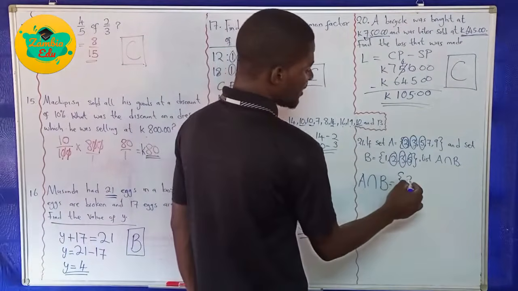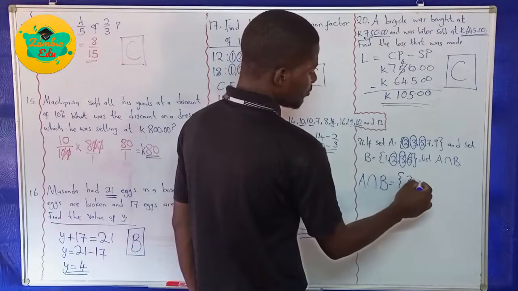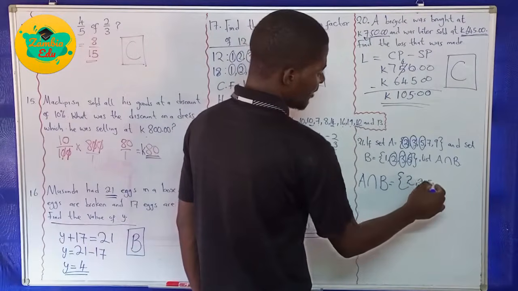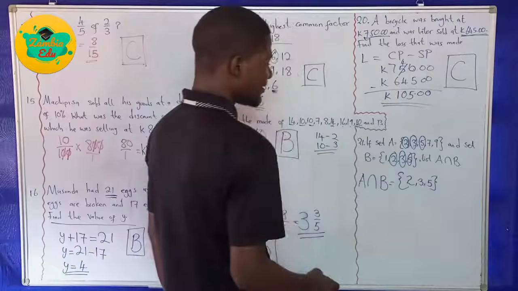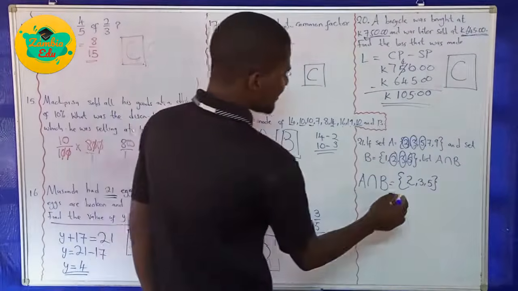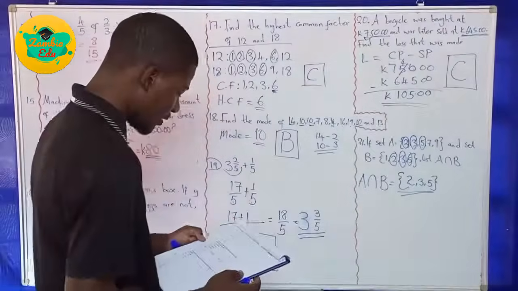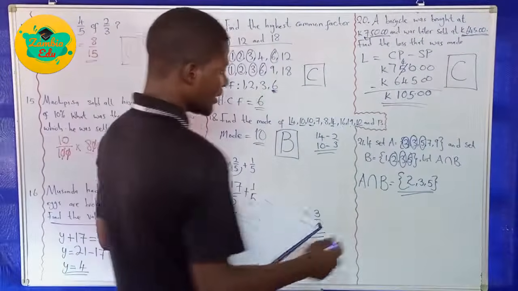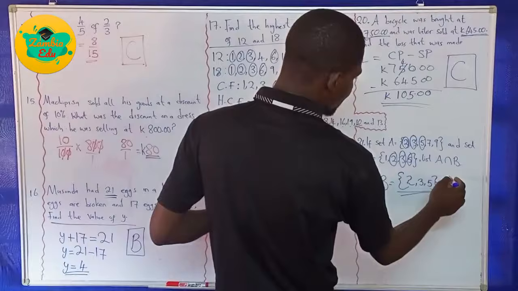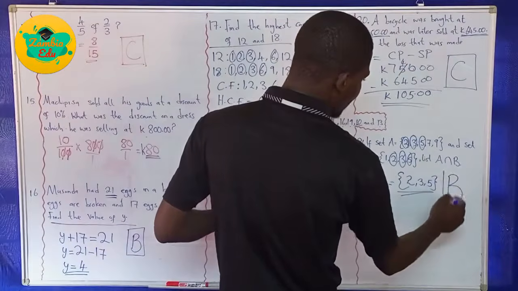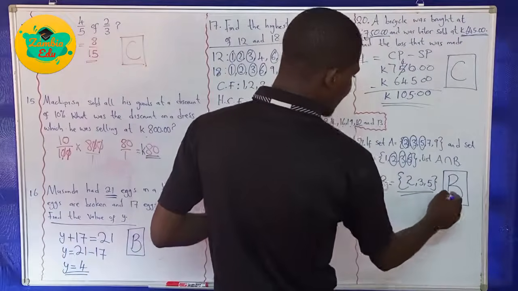So we just write them once, 2, 3, and 5, and that becomes our answer, which is shown on option B. So 21, the answer was B. That's the answer that was to be shaded.